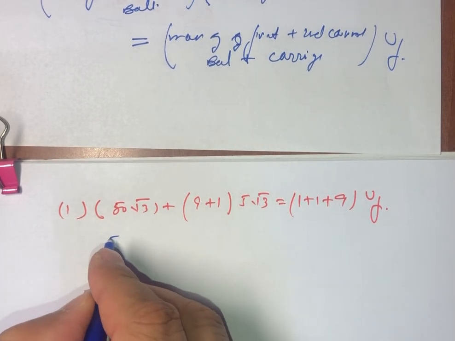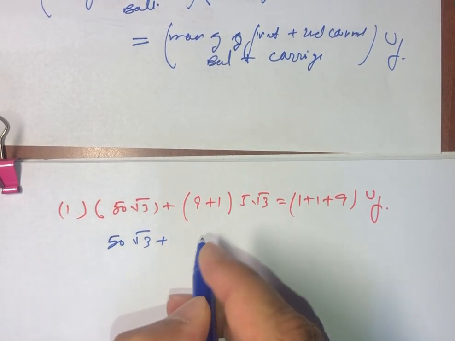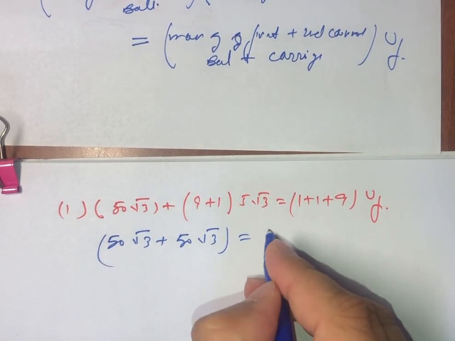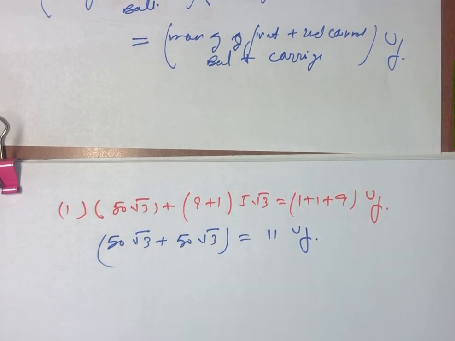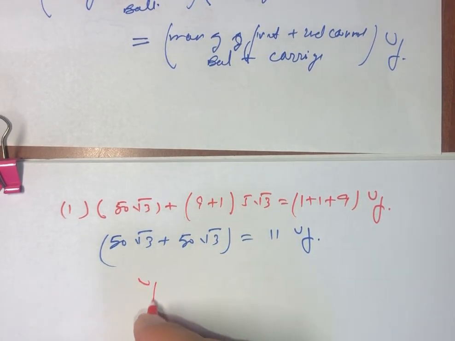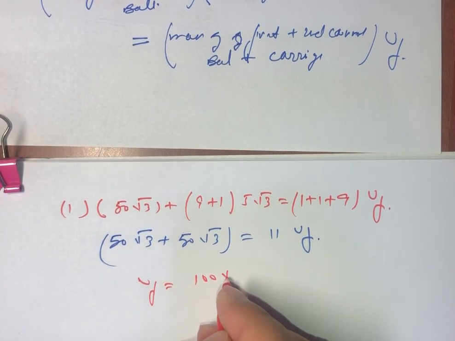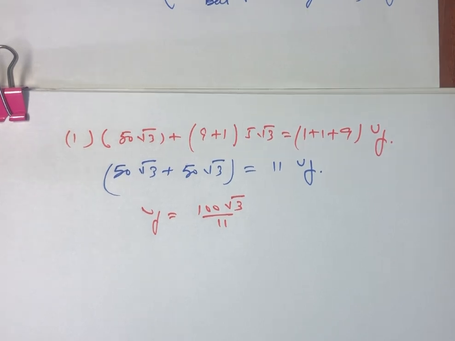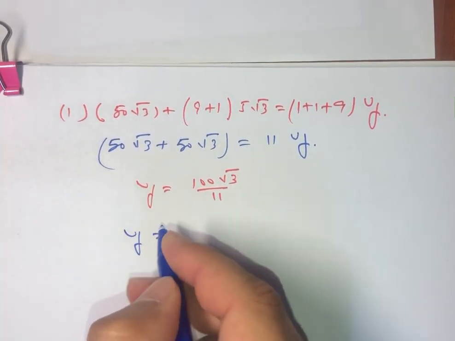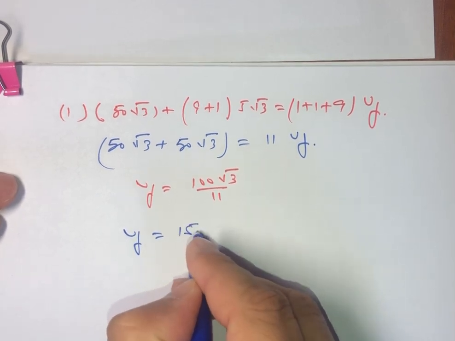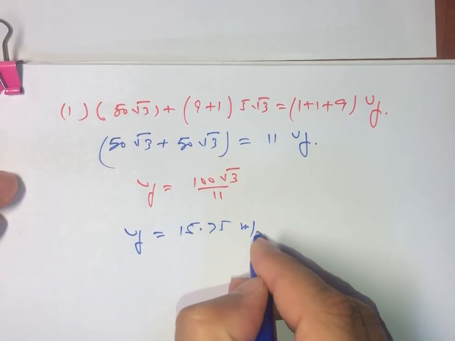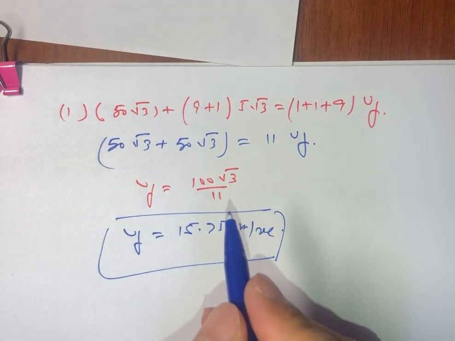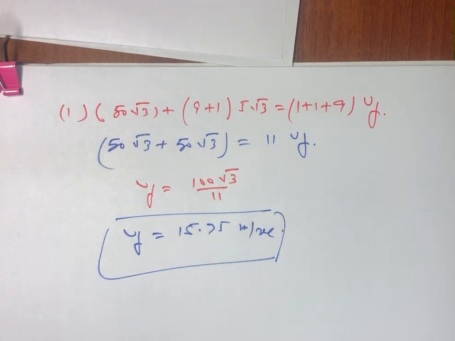You can say this will come as 50√3 plus 50√3, and this will be 11 Vf, or we can say Vf will be equal to 100√3 divided by 11, which comes as Vf is equal to 15.75 meters per second. So this is the velocity just after the second impact.